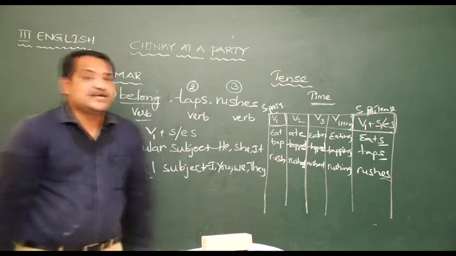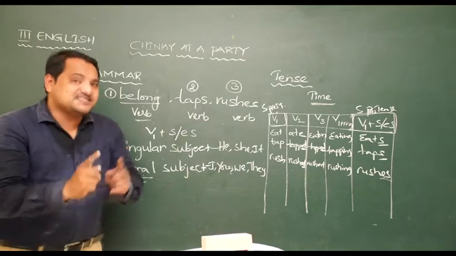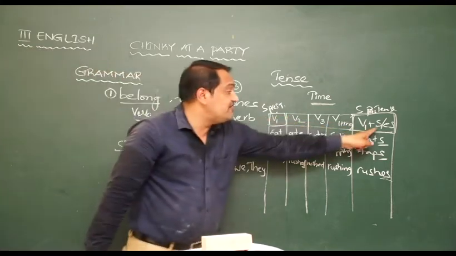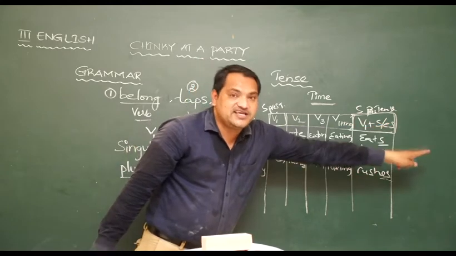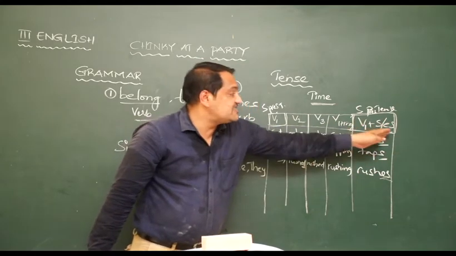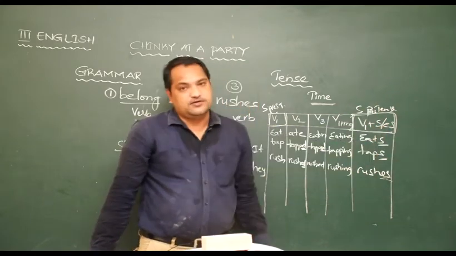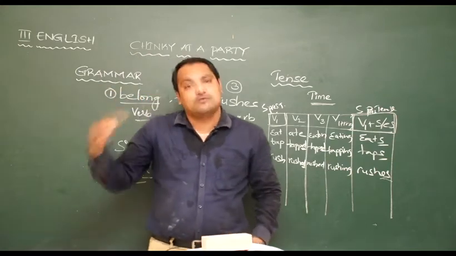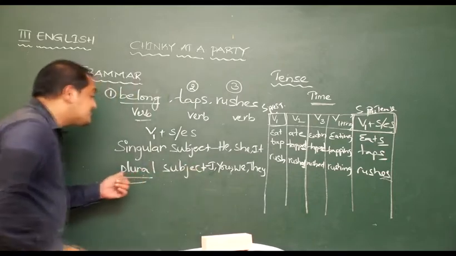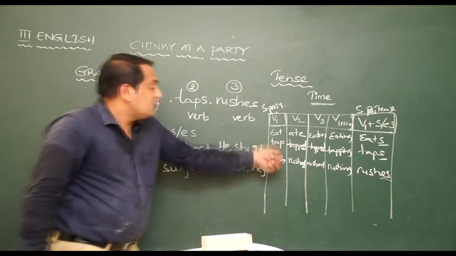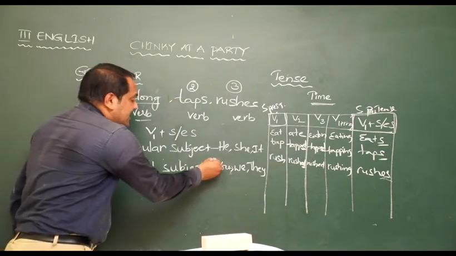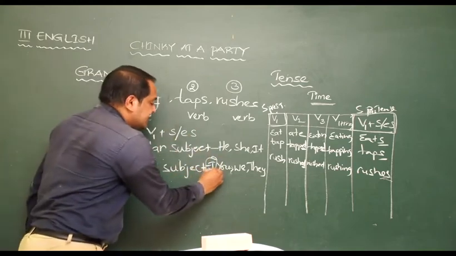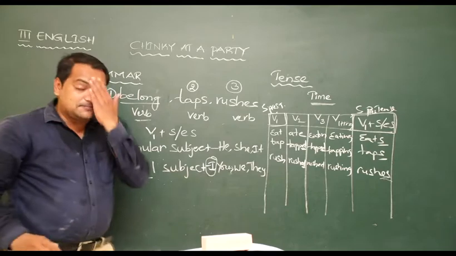So when we have one person, one animal or one thing in the subject, we use V1 plus S or ES. If we have more than one person, animal or thing, that is a plural subject, we write V1. For example, I is one person only, but we consider it a plural subject.